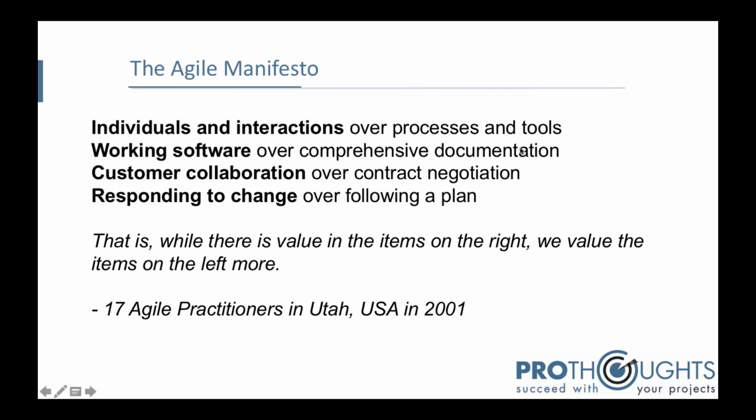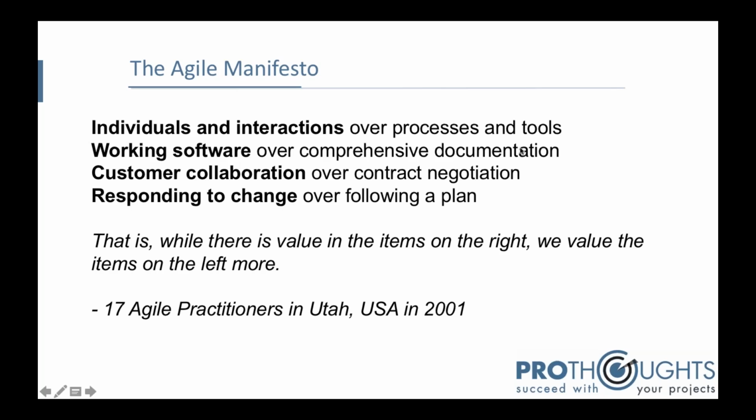That doesn't mean agile says processes and tools are not important, but individuals and interactions within the team are more important because they do the project. It's not saying you ignore the processes, but the focus should be on empowering the individual, giving them the resources to work on a project, rather than focusing on following a process. This is what the Agile Manifesto says.